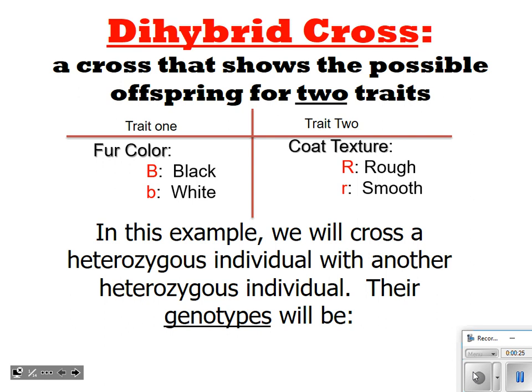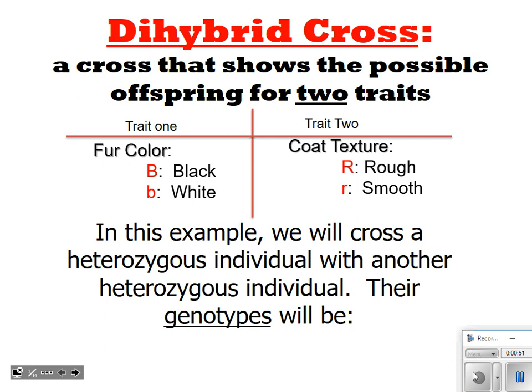Second objective is we need to be able to work a dihybrid cross. So in order to do so, our third objective is to determine the gametes that we would have using a dihybrid cross. Okay? So those are our three objectives for this lesson.